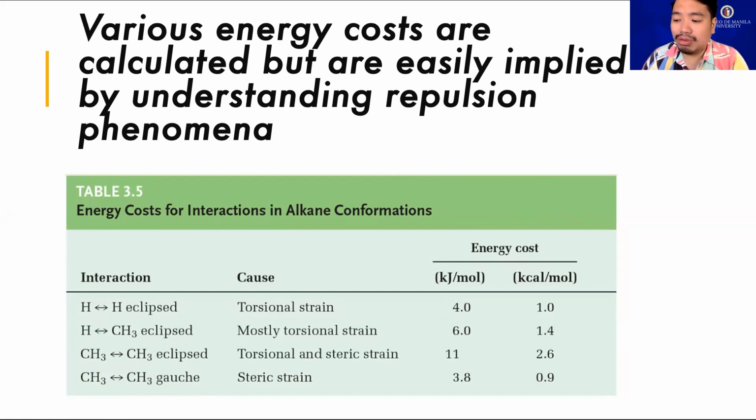But don't worry, I won't make you graph anything. Do note that if you are confused or lost on which form is more stable than the other, please look for these tables. Then you can start adding up the energy costs and determine which is higher energy or lower energy.